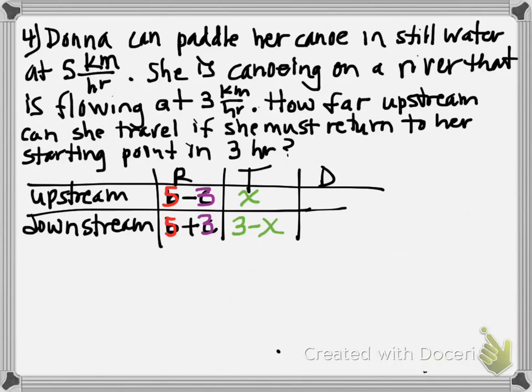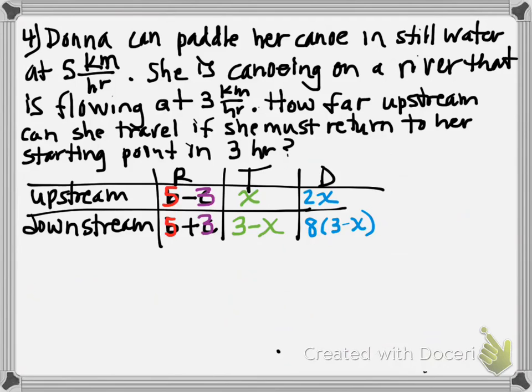Now on this one, they didn't tell us the distance because that's what we're trying to solve for. And so what we're going to do is to figure out the distance by doing 5 take away 3 for upstream, which is 2, times the time, which is x. And then in the bottom one, we've got 5 plus 3 is 8 times the quantity 3 minus x.